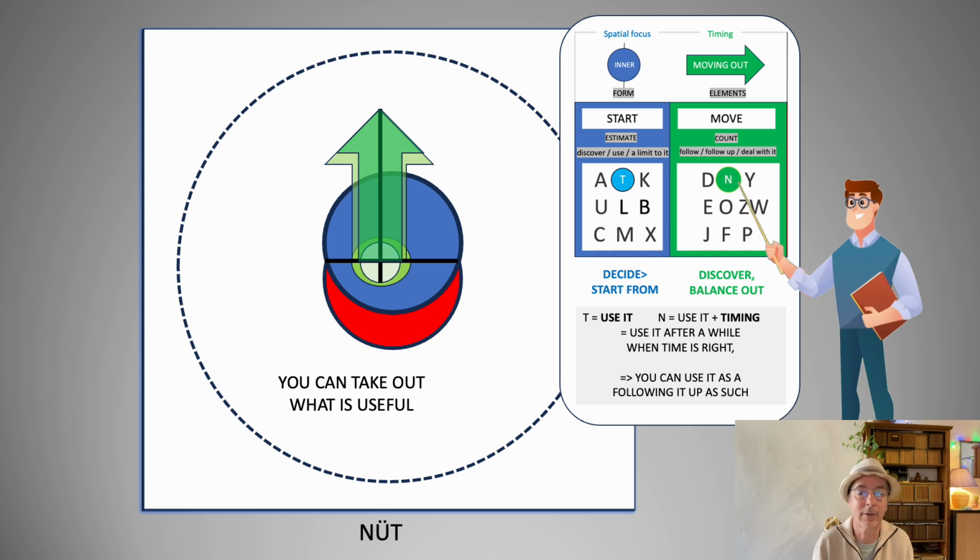When the time is right, you start to use it, and so you can use it with the whole frame of timing, which is also a kind of following up. That's your attention. You follow it up in time and you use it only when the time is right.